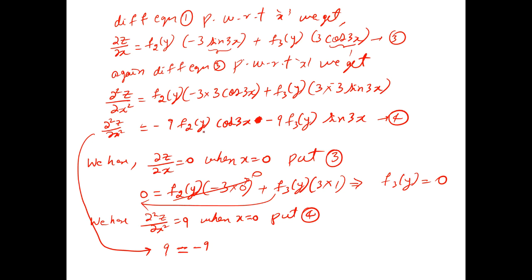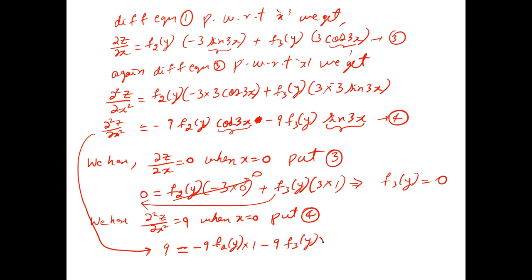Can anybody tell me what is the value of f2y? We have to calculate it. So I'm going to take this f2y as it is. No change in f2y. Now x is 0, cos 3x is 1. So this is into 1 minus 9. Here you can see f3y as it is, no change. Sin 3x, students, x is 0. 3 into 0 is 0.